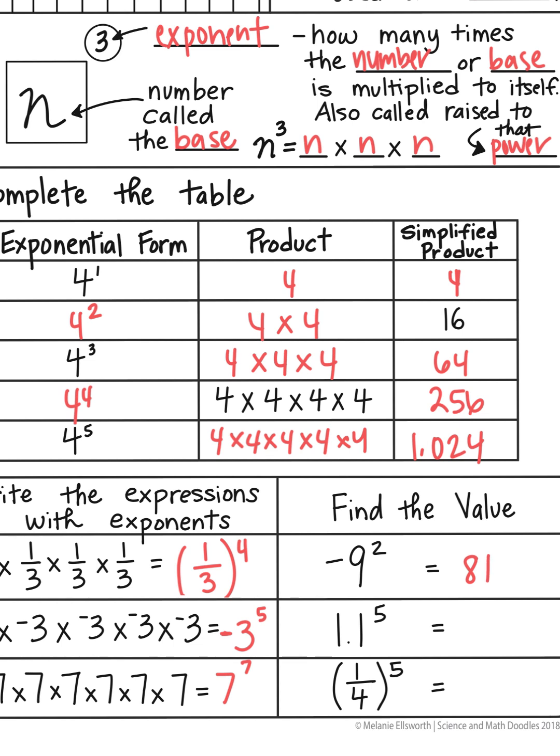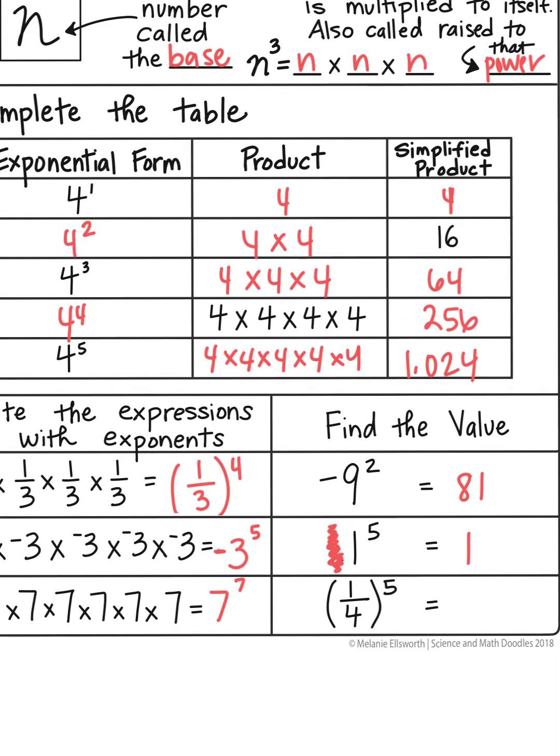This next one is crazy. So we are going to pretend like it says 1 to the 5th power, because otherwise it's going to take us forever to get through. So if it's 1 times 1 times 1 times 1 times 1, it's always going to be 1. And then the last one is 1/4 to the 5th power.